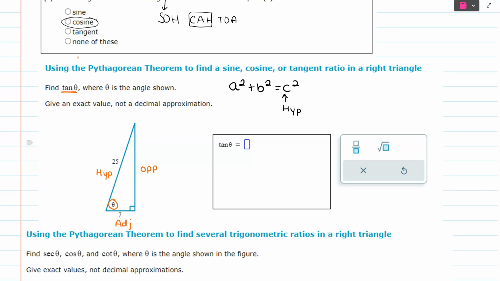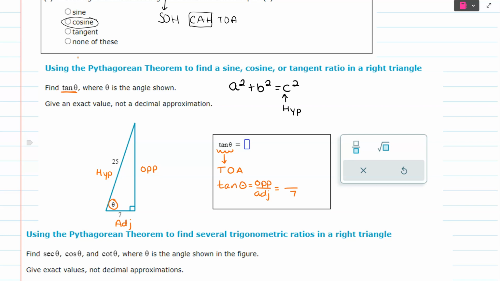I'll know if I need it by looking at what trig function I have. So I'm asked for tangent. So that's the TOA part. So tangent of your angle theta is going to be opposite over adjacent. And you can see here that we've got adjacent, right? That was 7, but we have to figure out the opposite.